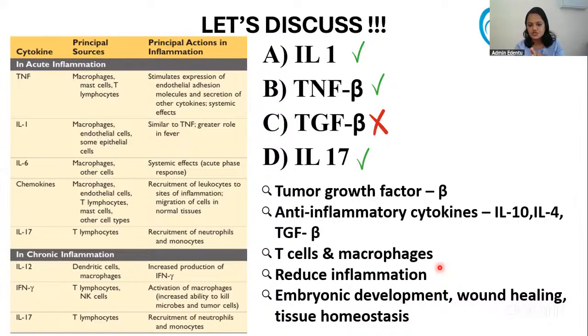It helps in reducing inflammation, and it has other functions too: embryonic development, wound healing, and tissue homeostasis are all helped by TGF beta. So TGF beta acts as an anti-inflammatory cytokine. That is the odd one out. It is not a mediator of inflammation.